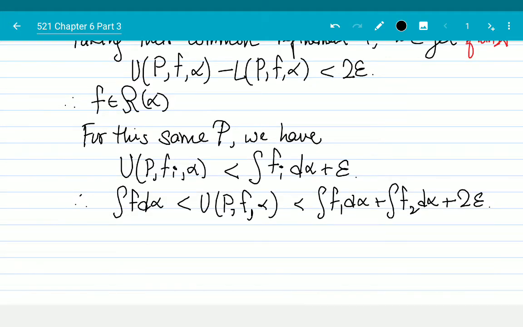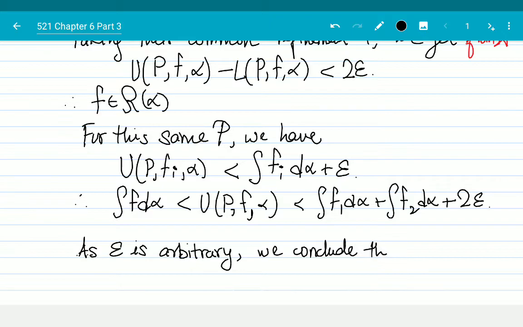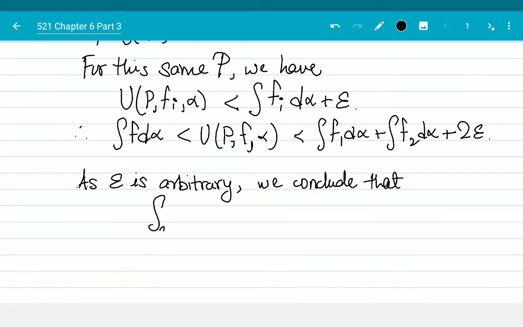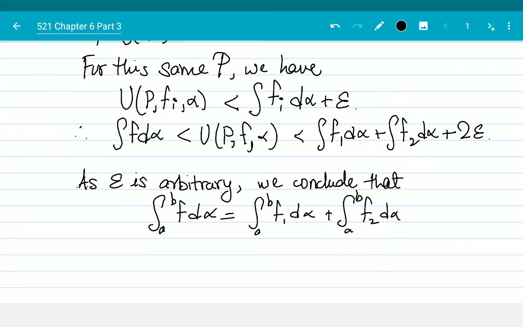Well, since epsilon is arbitrary, I can make this smaller, and therefore we conclude that the integral from a to b of f d alpha is equal to the integral from a to b of f1 d alpha plus the integral from a to b of f2 d alpha.